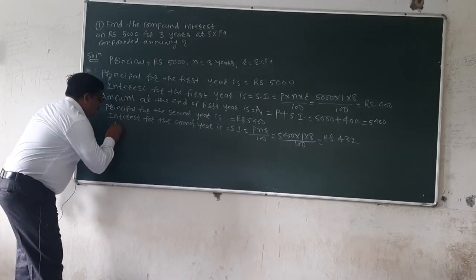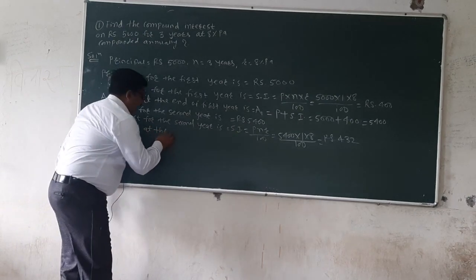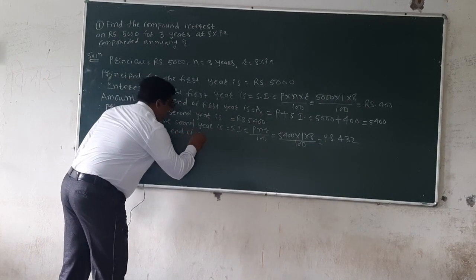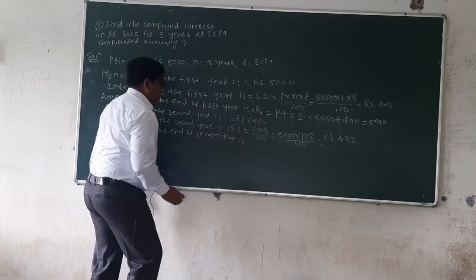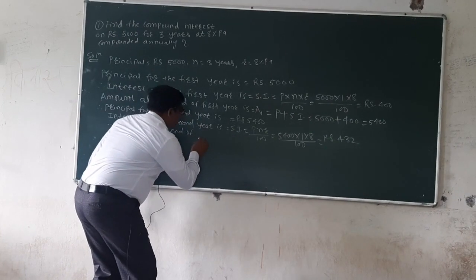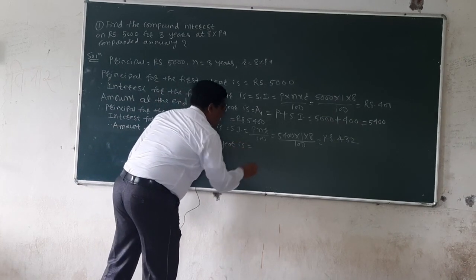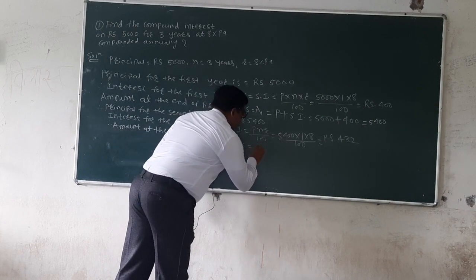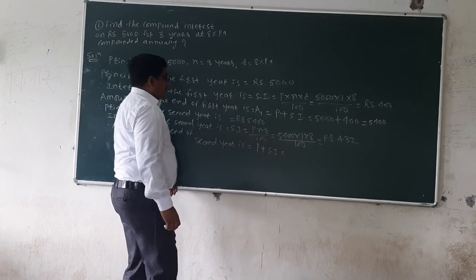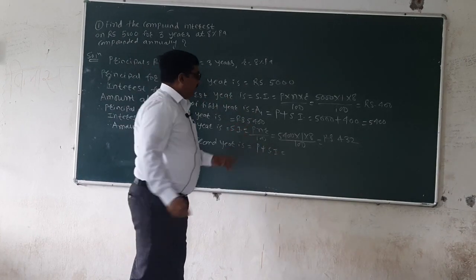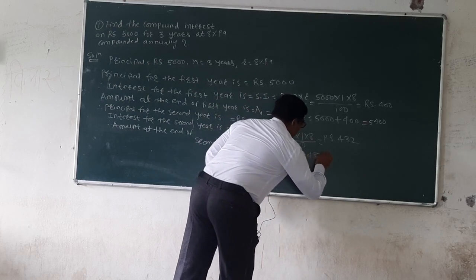Now therefore amount at the end of second year is principal plus simple interest. Principal is 5,400 plus 432.